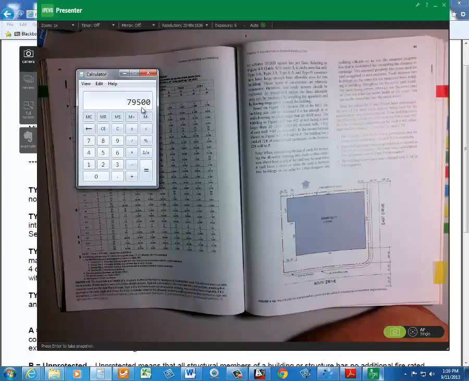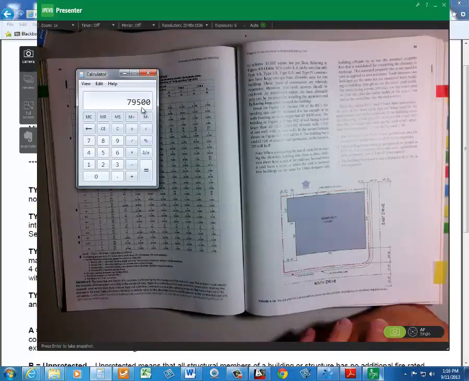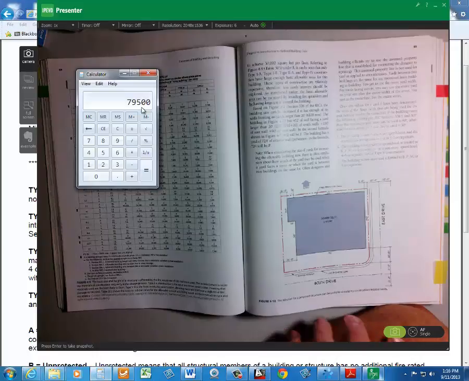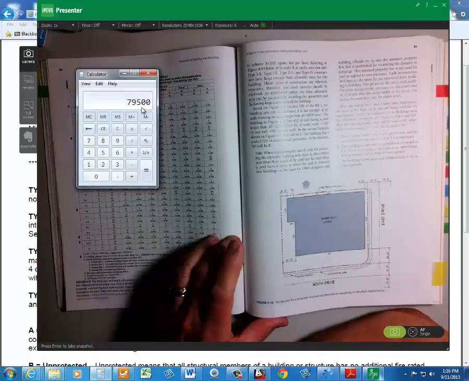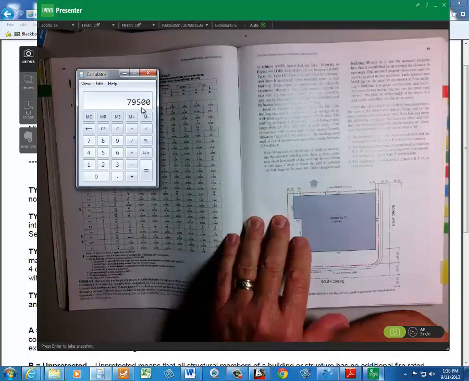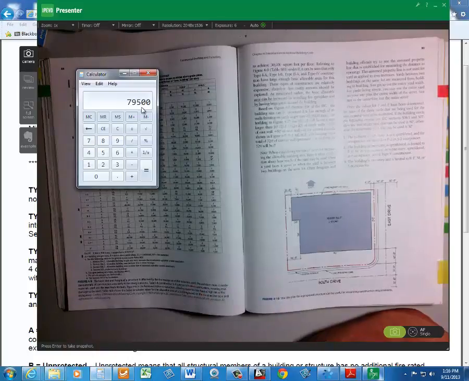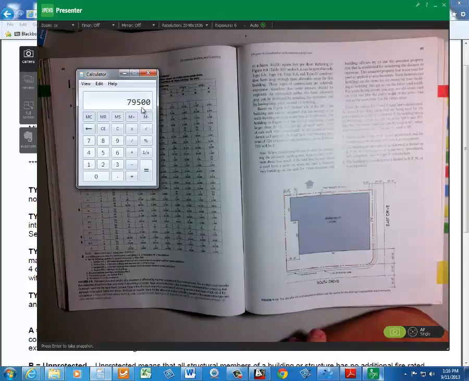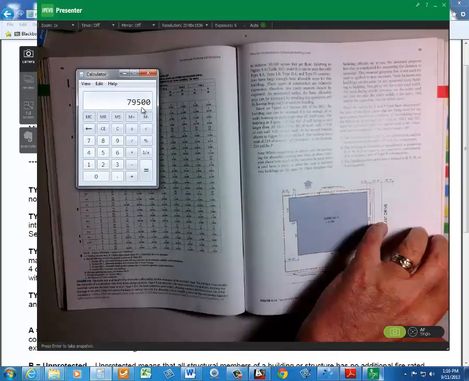Okay? So you multiply the number of stories allowed, that would be the maximum. Right? But there is a restriction when you don't have fire protection, when you don't have a sprinkler system.